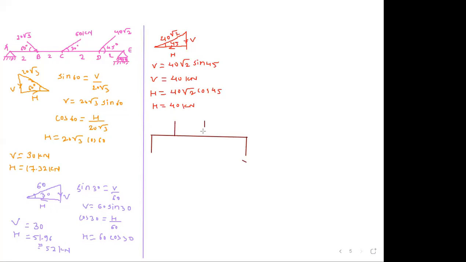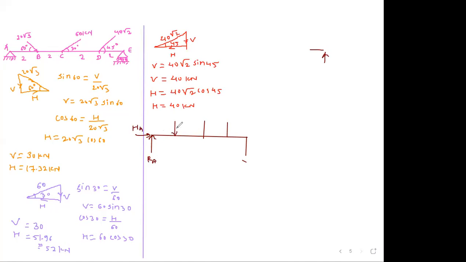B point, C point, and this is D point. Now suppose this is our A point. You observe here a hinge support. For a hinge, one vertical and one horizontal force will be there. So this is vertical and this is horizontal, called HA and RA.